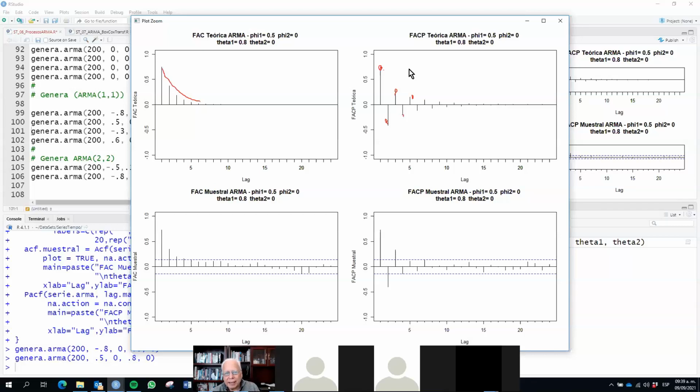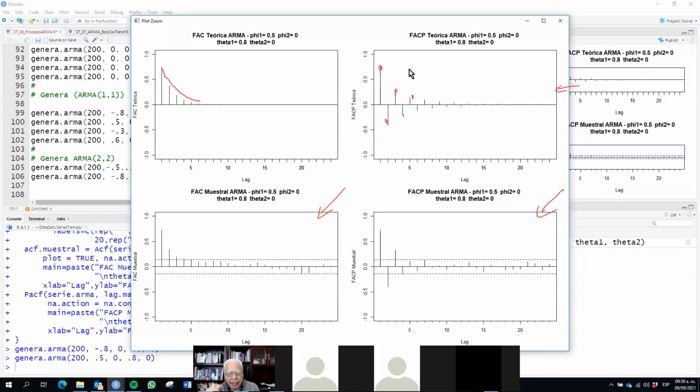Now, that's the theoretical PACF. We will not see these charts, but we have to be able to, based on the sample ACF and the sample PACF, figure out in terms of the theoretical ACFs and PACFs that we know which type of model they could correspond to.